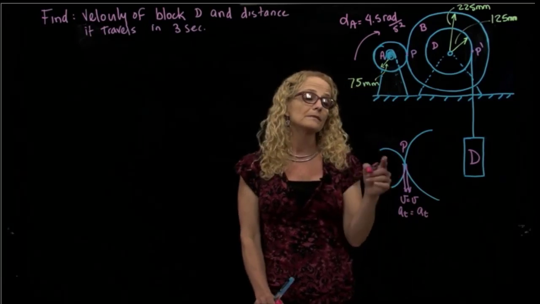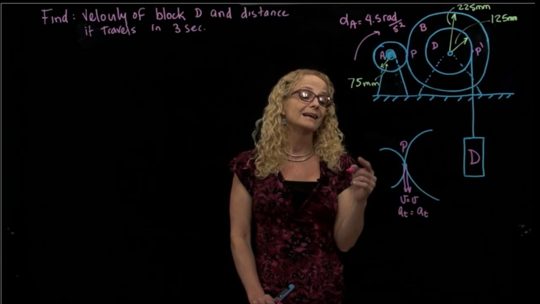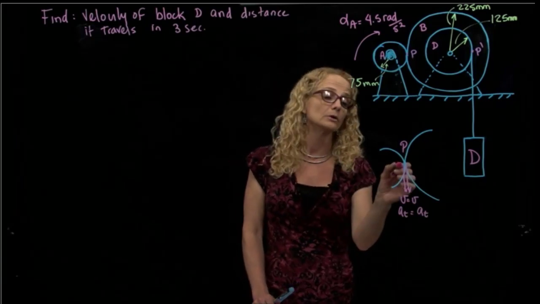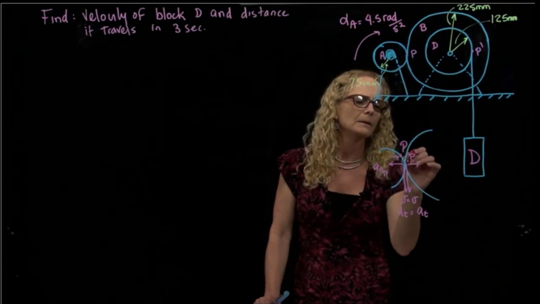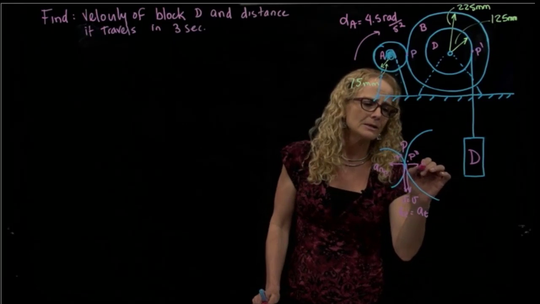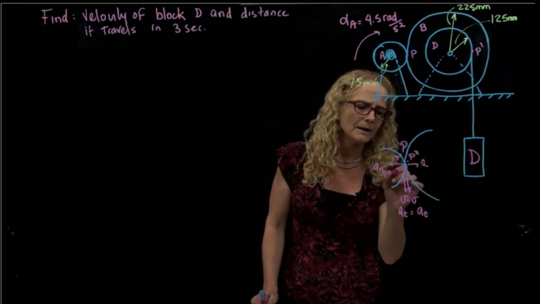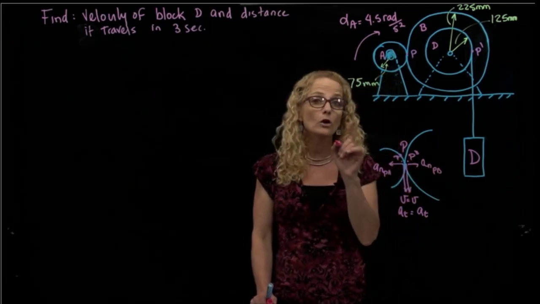Be careful that since this point has a curvature path, the acceleration has 2 components, the normal component and the tangential component. So we have 2 different points that are touching, called PA and PB. Those 2 accelerations are not equal.